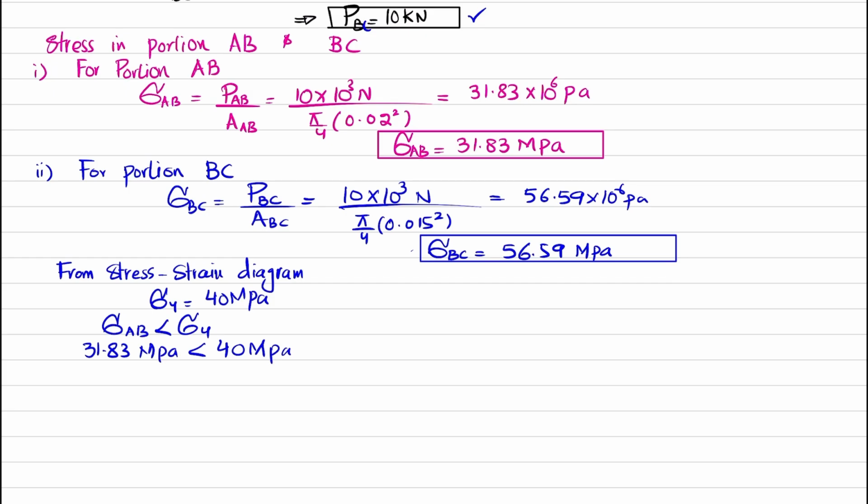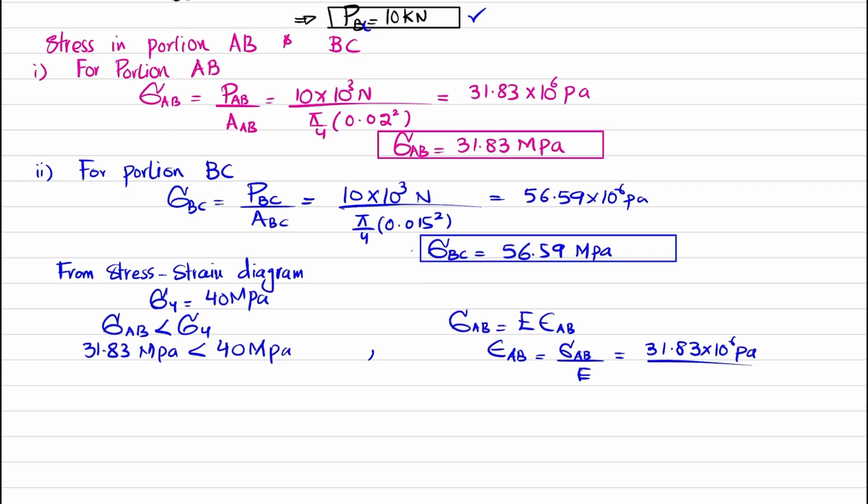So here we know that stress in AB is equal to E into epsilon AB, because this is in elastic region, so we can apply Hooke's law. So strain in region AB will be equal to sigma AB divided by E. So put the value: sigma AB is 31.83 into 10 to the power 6 Pascal.